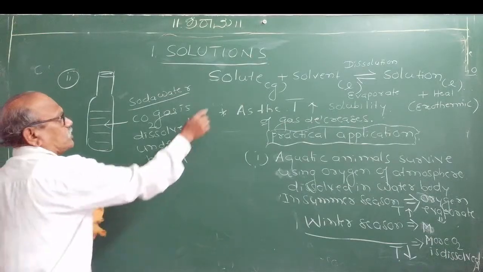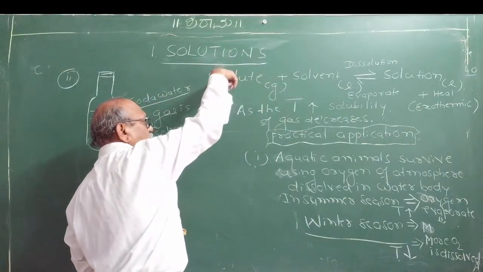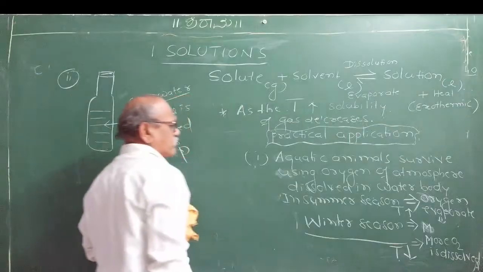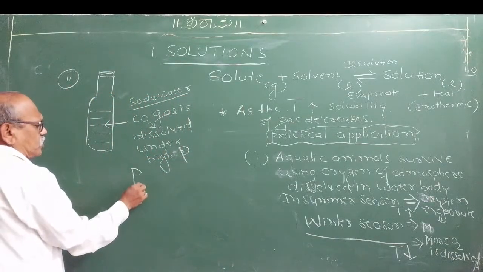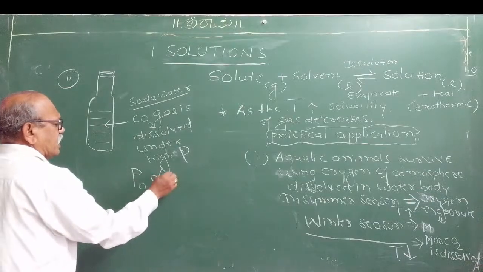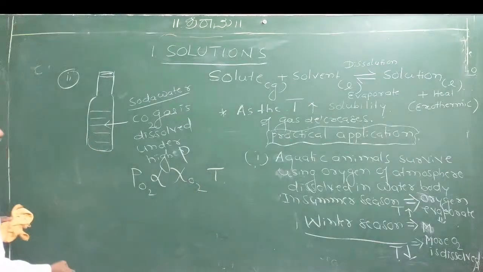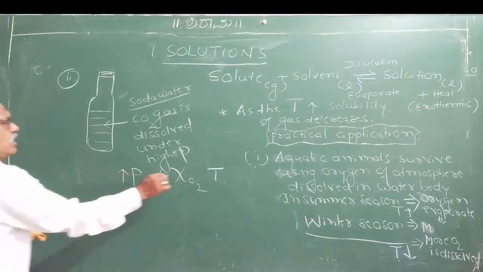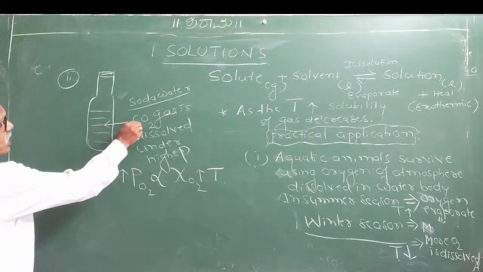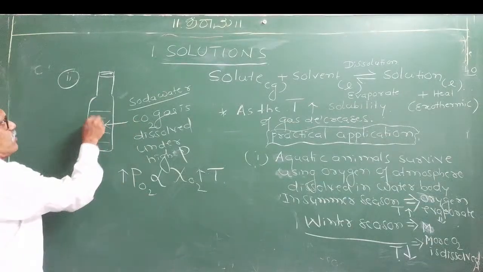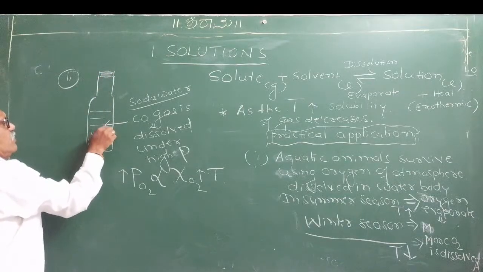What is the effect of pressure on the solubility of a gas? When the pressure increases, solubility increases. That is what Henry's law tells: the partial pressure of a gas is directly proportional to the mole fraction of the gas dissolved at a given temperature. Therefore, at high pressure carbon dioxide is dissolved in the soda water bottle, compressed at 4 atmosphere.